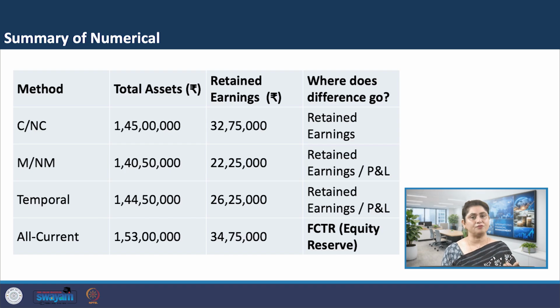The retained earning figures across all four methods are absorbing the translation difference in each case. This is where the gain or loss from the translation lands or is visible. And as we have established previously, for integral operations, this difference flows through the P&L, while for the non-integral operations under the all current method, it goes to the foreign currency translation reserve in equity.